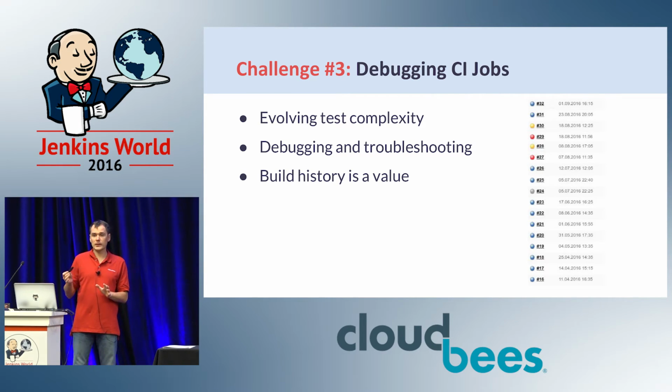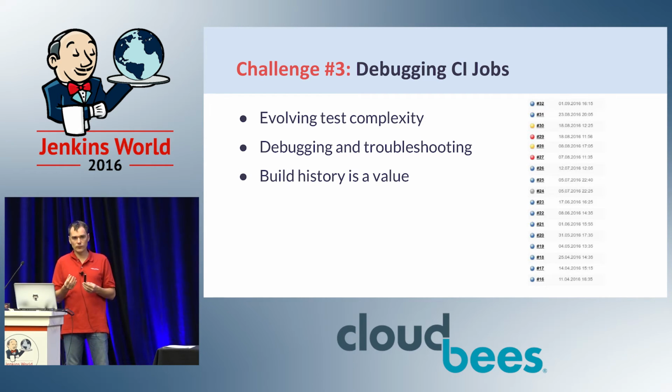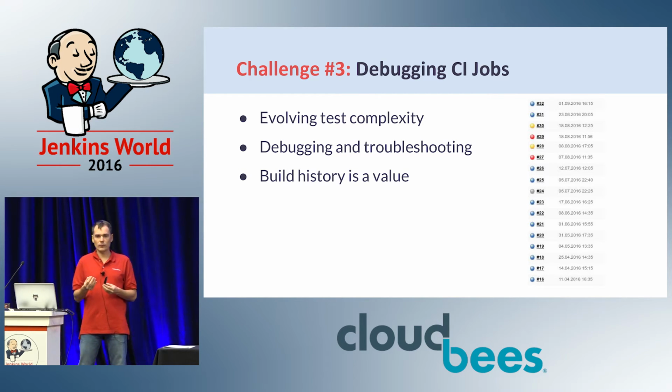Because when you become continuous, when you run that inside a CI machine, your build history becomes a value for you. You start tracking your trends, lines of code trends, unit test failure trends, and you start gathering important health information about your project and your process. The predictability of your process is derived from these KPIs.